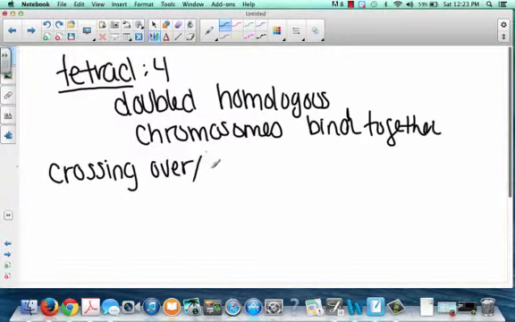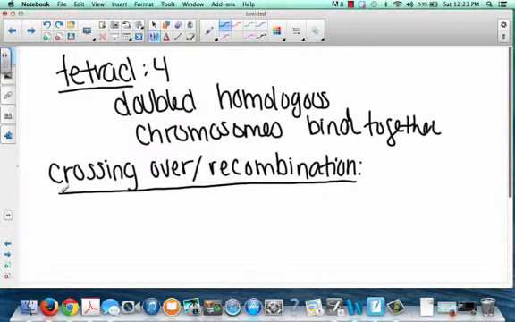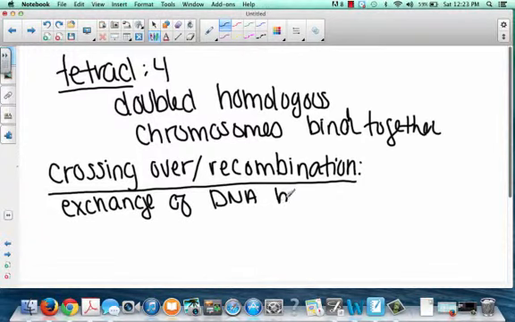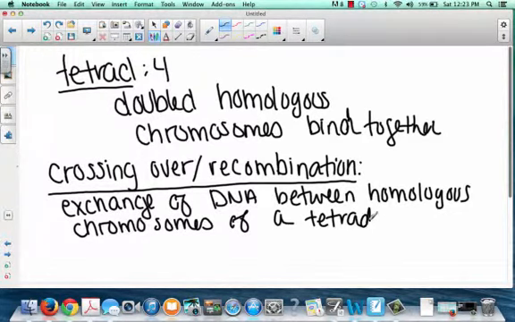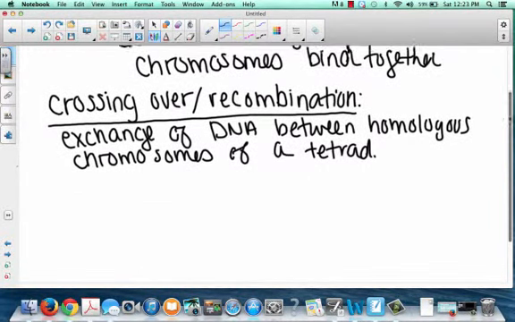So crossing over, or sometimes it's called recombination, is where you have an exchange of DNA between the homologous chromosomes of a tetrad. You're only going to see this in meiosis 1. You're not going to see this in meiosis 2 because the tetrad is broken.